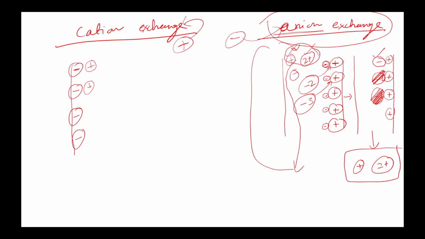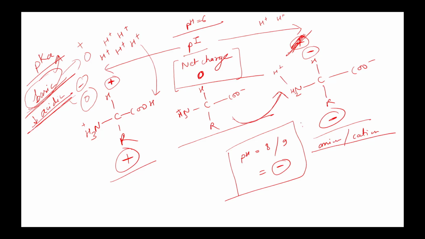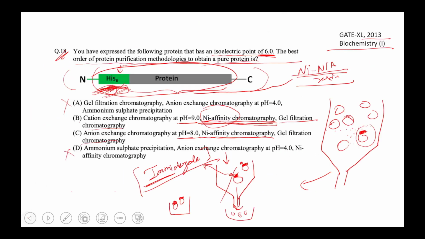Okay, so in the prior case, at pH 8 or 9, if we have to perform ion exchange chromatography, the protein is present in negatively charged form, then which chromatography do you choose, anion or cation? You will be using anion exchange chromatography. So here, if we see the options, option B states cation exchange chromatography.